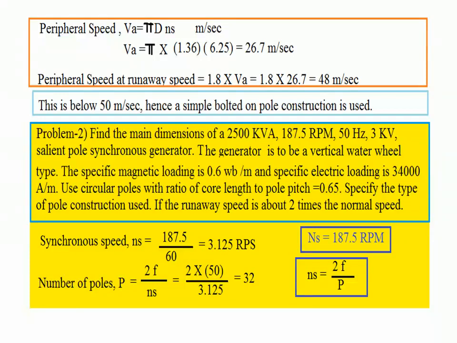Then problem number 2. Here in this problem, the synchronous speed Ns, again the given speed 187.5 rpm divided by 60, we are going to get 3.125 revolutions per second. Then again determine the number of poles. Poles equal 2f by Ns, we are going to get 32.